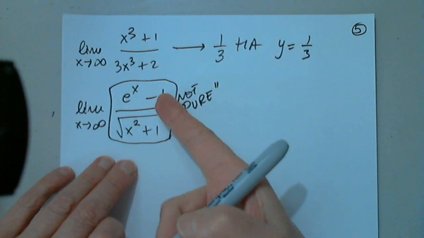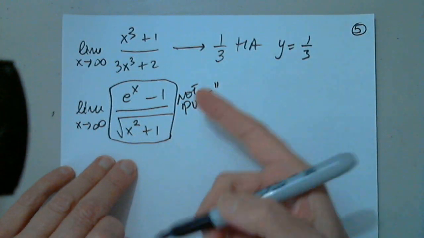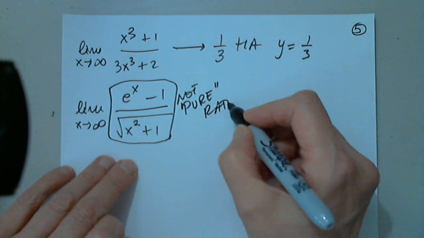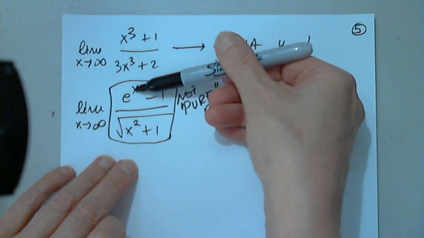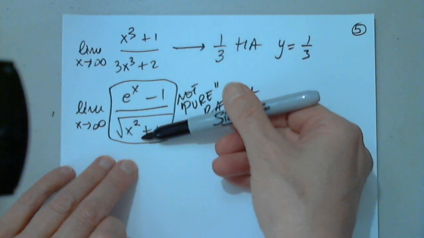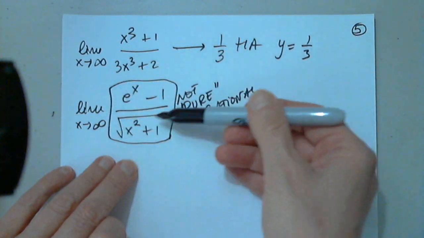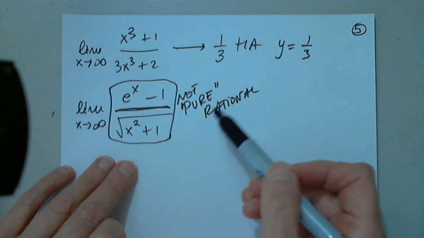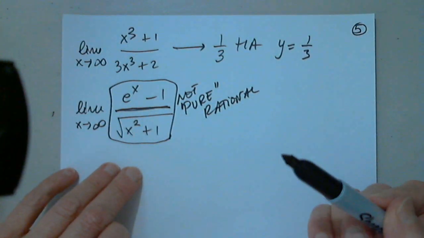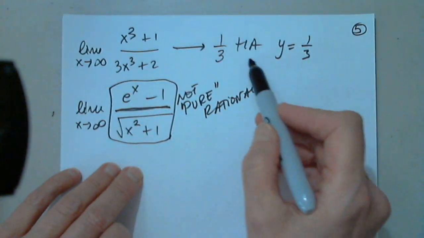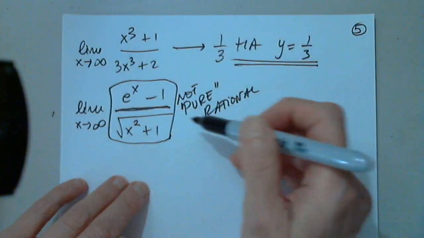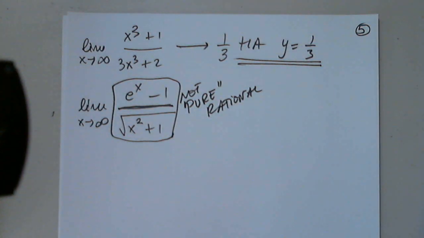It's a combination of exponential with the radical, the square root, and in addition a ratio. So this is not a pure rational function. A pure one will have the same thing at both ends, but this one will not. Okay, thank you. Is that better?